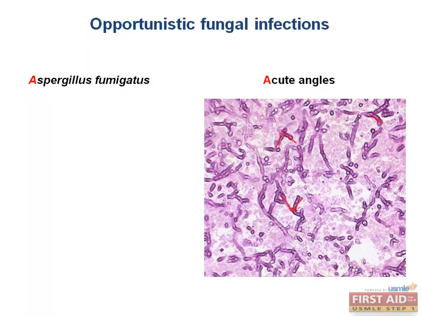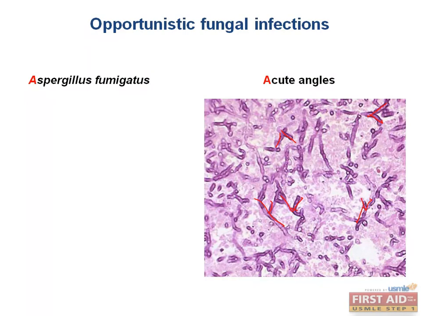So, whereas some of the pictures I'm going to show you are going to have branching angles that are greater than 90 degrees or even equal to 90 degrees, notice that Aspergillus is going to be acute or less than 90 degrees. The other thing that I want you to take note of is that these fungal organisms are septate.